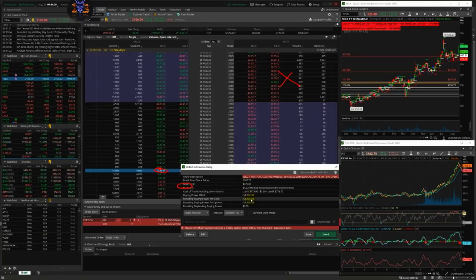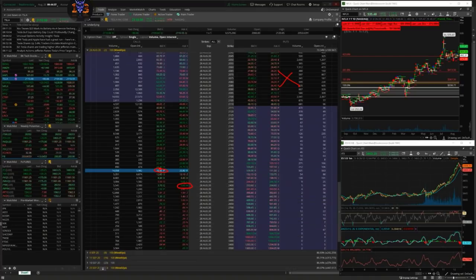So this is your margin requirement, resulting buying power for the stock. This is what gets diminished. Okay, let's delete this. So what we want to do is kind of figure out the mathematics in this situation. We know that the difference between 2025 and 1305 is about $7.